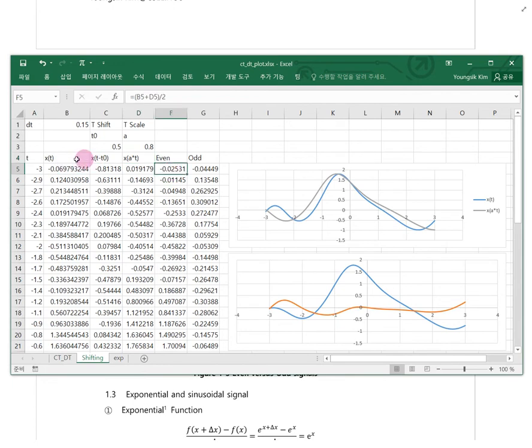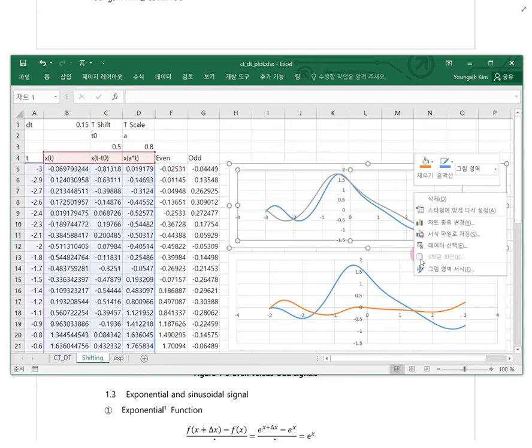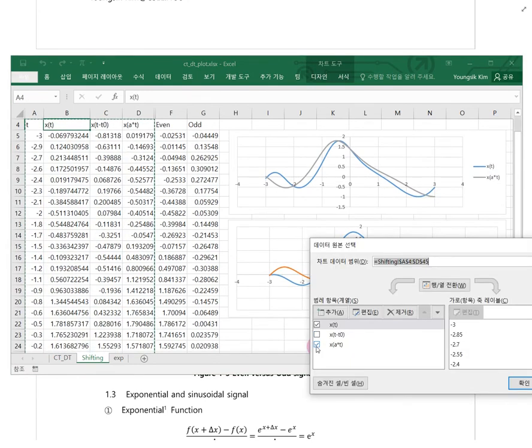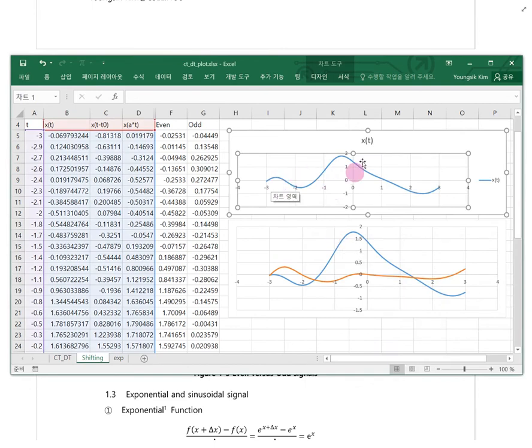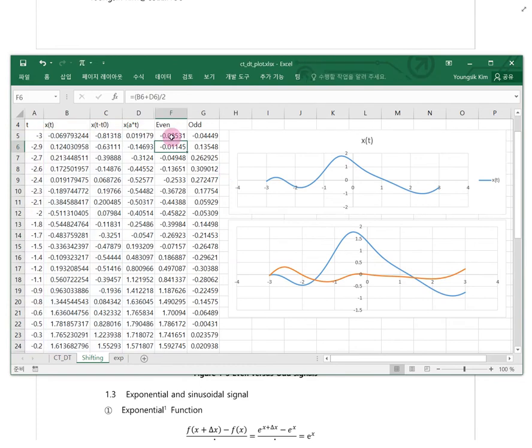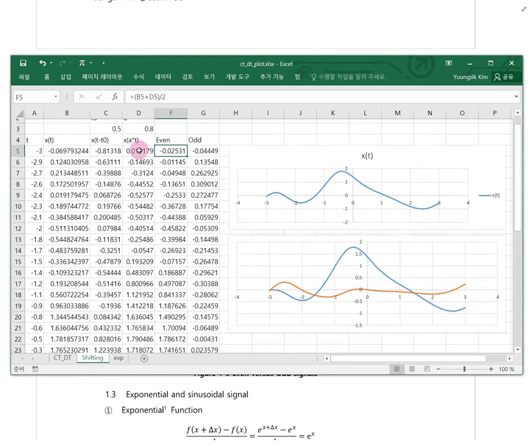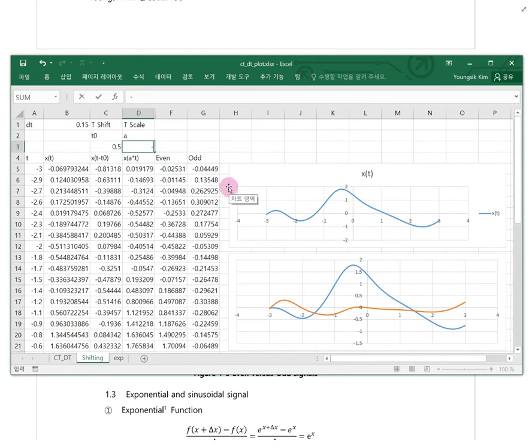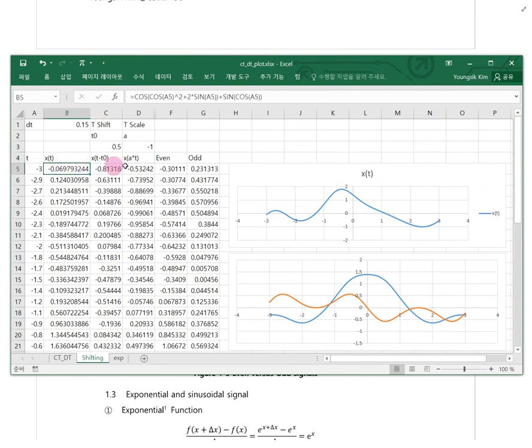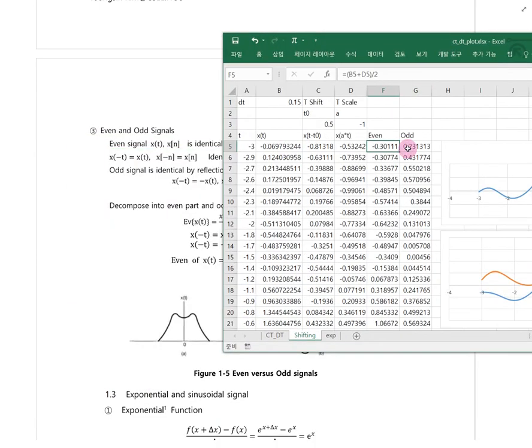So x(t) itself is neither even nor odd. Taking x(t) and x(-t) here, by taking the sum and dividing by 2, that becomes the even part of x(t), and by taking the difference, that becomes the odd part.